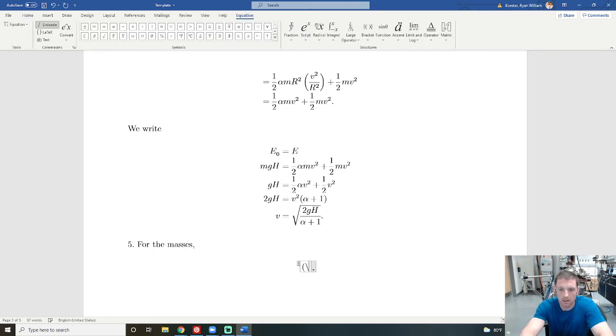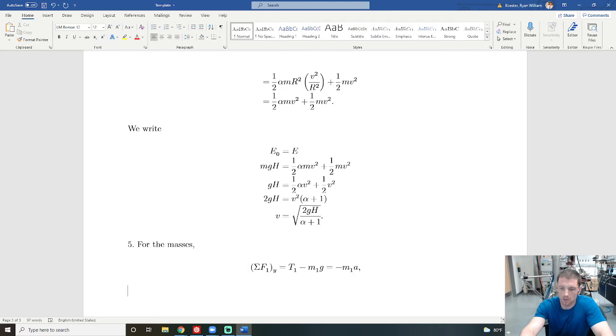We'll have that the net force on 1 in the y direction is going to be, the tension is going to pull it up, right, whereas the gravitational force pulls it down, and its acceleration will be downward, so I'm going to write negative m1a here, right?